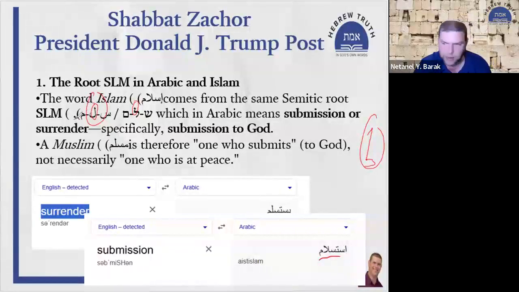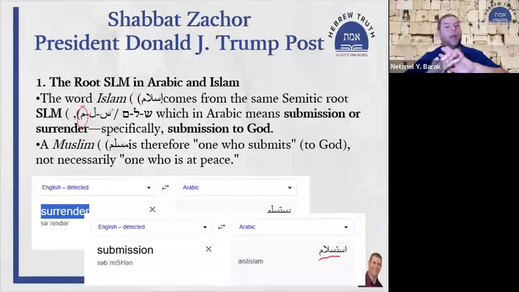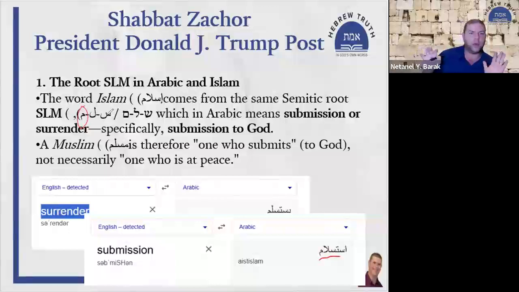And finally, you can see the mem, which looks like the modern Hebrew final mem, for those of you who studied modern Hebrew. So you can see even the similarities here in the letters. I'm not saying it's always like that. It is not always like that. In this case, you can also see somewhat of a similarity between the letters.